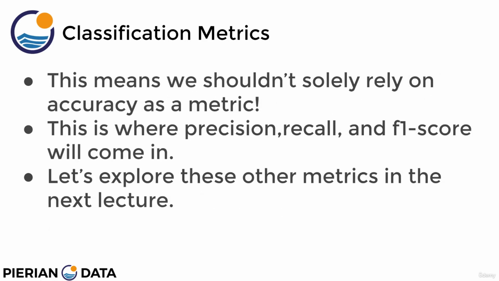So this means we shouldn't solely rely on accuracy as a metric, especially if we're dealing with imbalanced classes. And this is where other performance metrics come into play, such as precision, recall, and F1 score. Let's explore these other metrics in more detail in the next lecture.